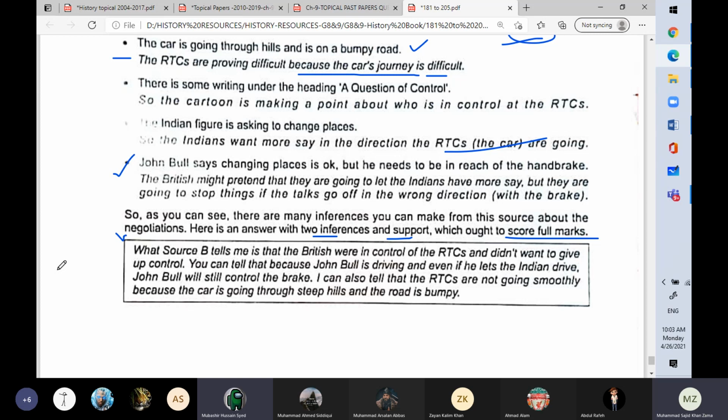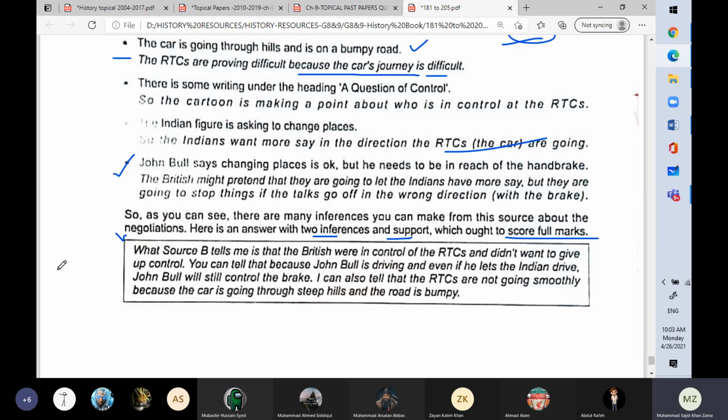Right. So as you can see, it's all referring to background information, and that is the RTC. This is the event it's referring to. The surface feature is identified and interpreted: steep hills and a bumpy road indicate that negotiations were difficult at the RTCs.